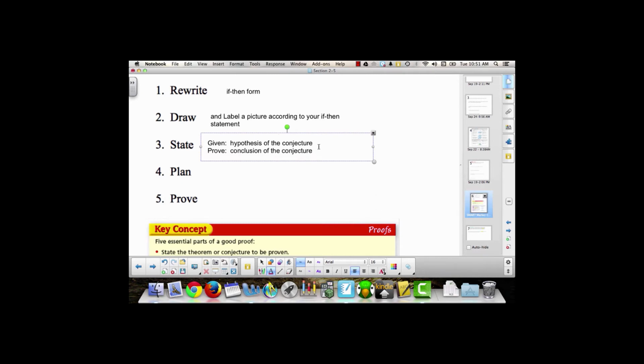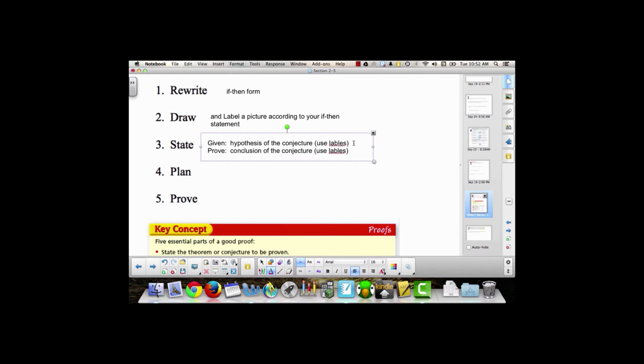This step is extremely important in the writing of a proof. Make sure when you write the hypothesis you're specific. Use the labels that you put in step 2 for your hypothesis and the conclusion. Your if-then statement will be general, but when you write given and prove, you want to use the actual object names that you put in your picture.